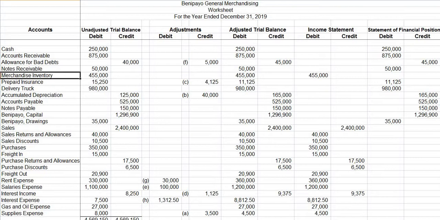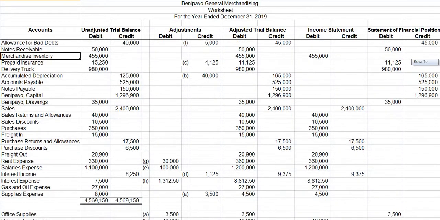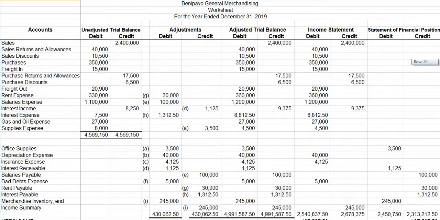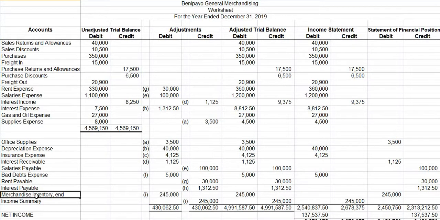Instead, I prefer to write merchandise inventory end here below. And of course, along this row, the amount of 245,000 under the debit column of the adjustments.